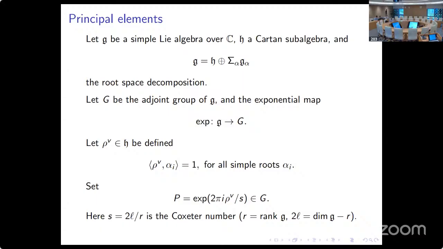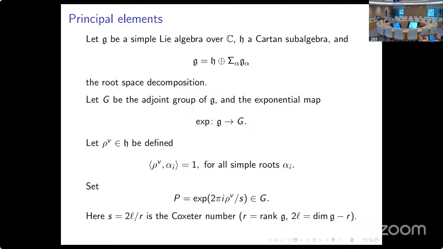The most direct way, the quickest way to define the principal element is the following: we write P as the exponential of the corresponding rho check. But it's not immediately the exponential of rho check. You have to write 2 pi i divided by h.